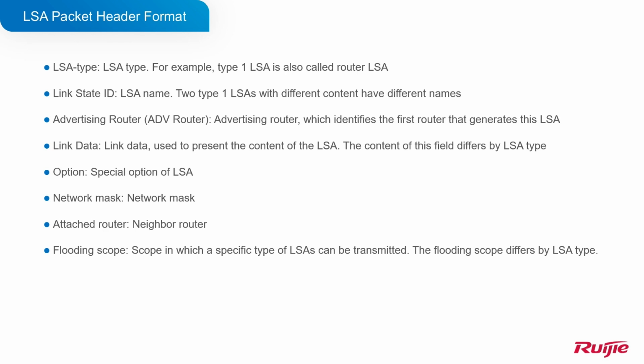And then LSA 5, right? LSA 5 can be transmitted in the whole OSPF process. So this means the flooding scope. Different LSA types have different flooding scopes. This is the LSA packet header format. And besides the LSA packet header, we also have the LSA data. Okay, so this is the first part about the LSA information. And in the next part we will learn more details about every type of LSA information.